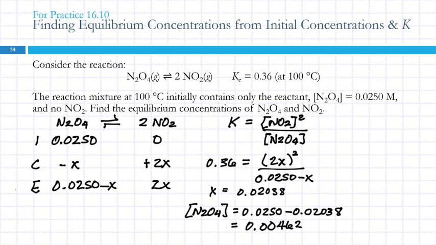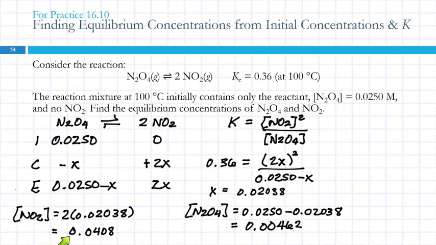So, the book is telling me that this answer is 0.041, good enough. And this one is 0.005, good enough.